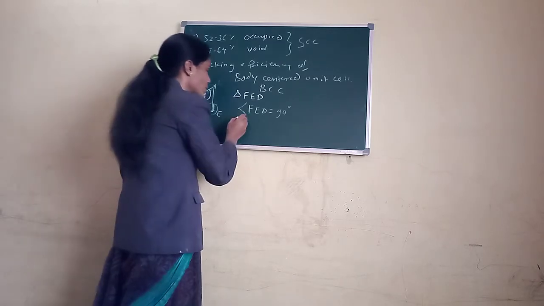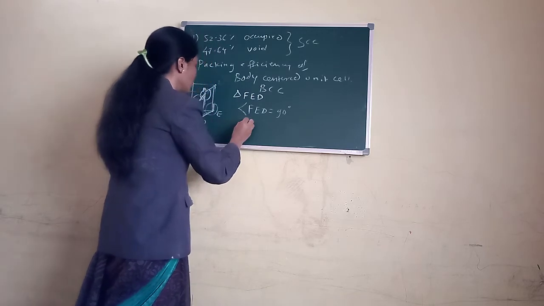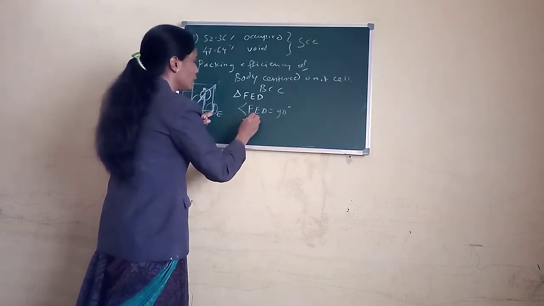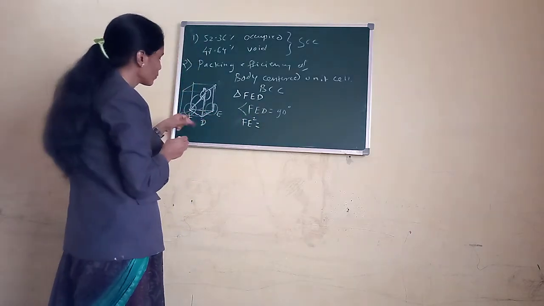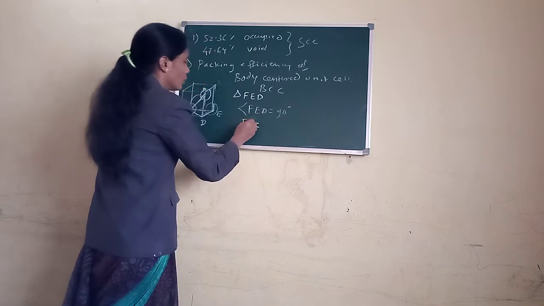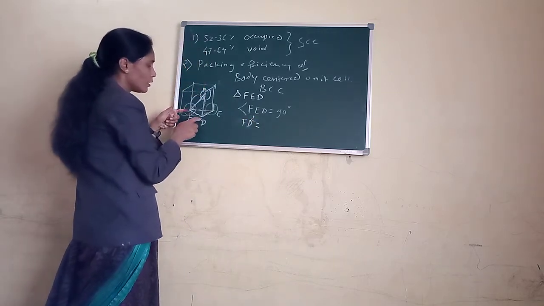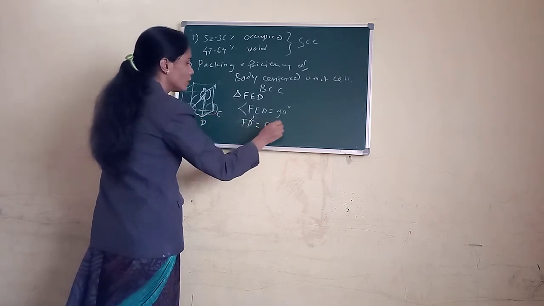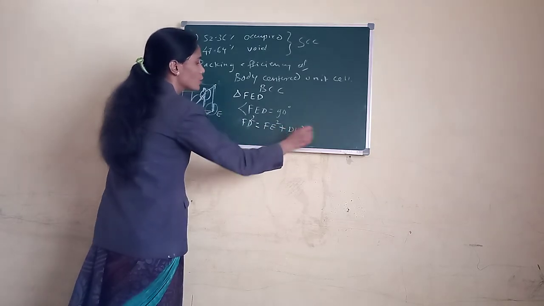According to Pythagoras theorem, FD square is equal to FE square plus DE square.